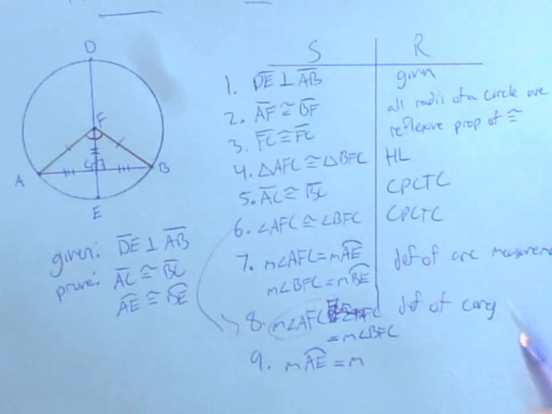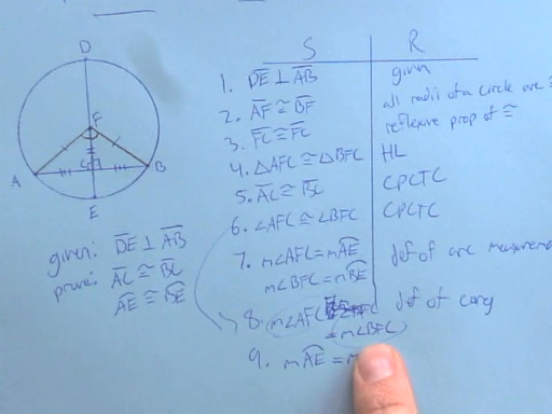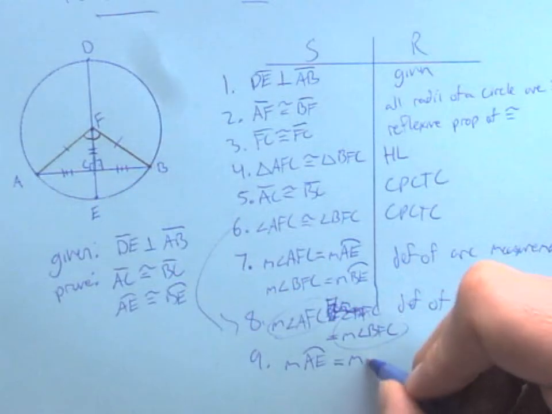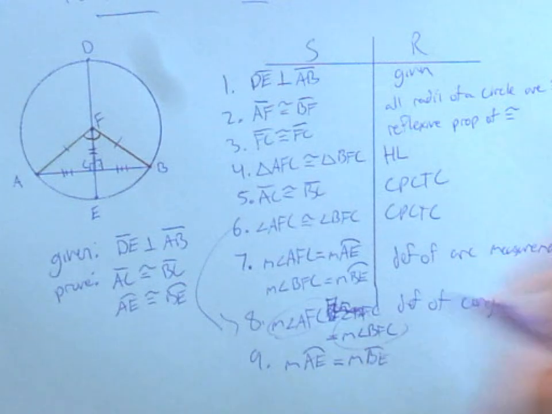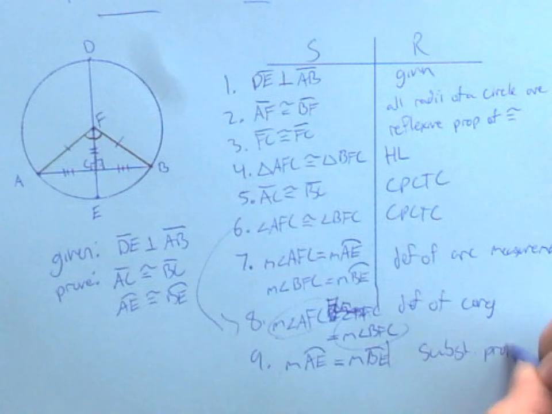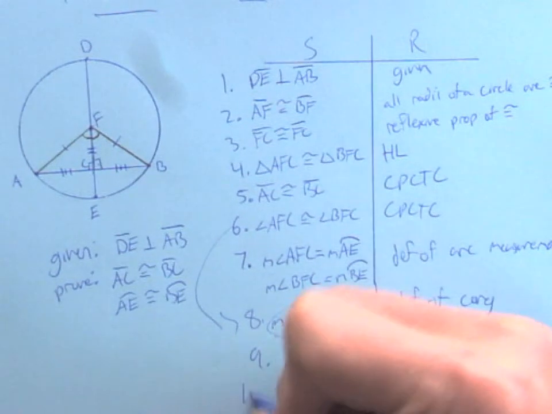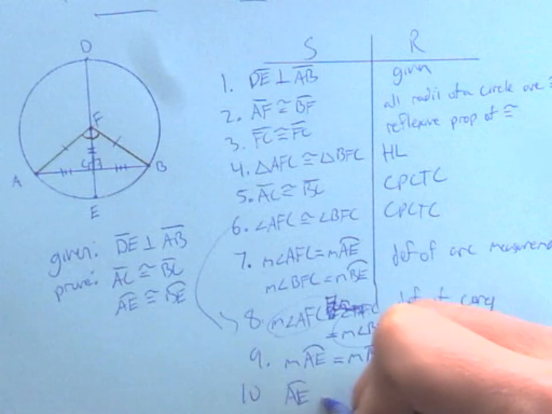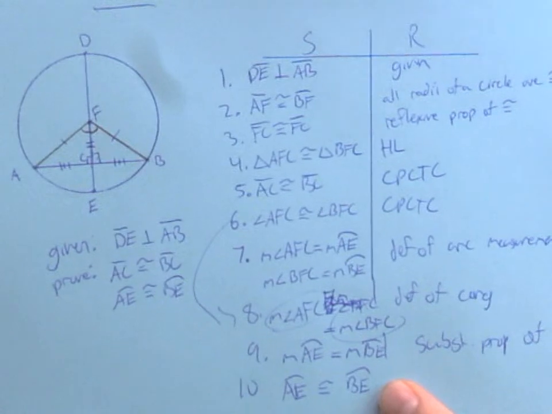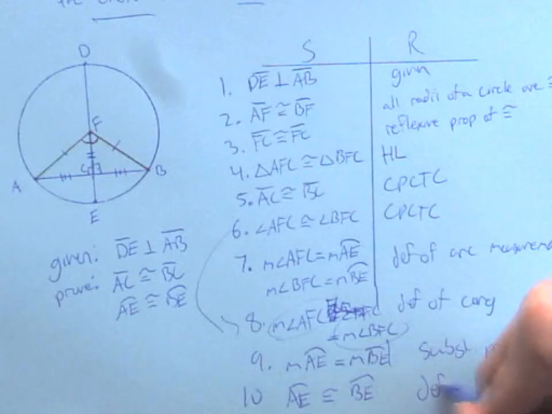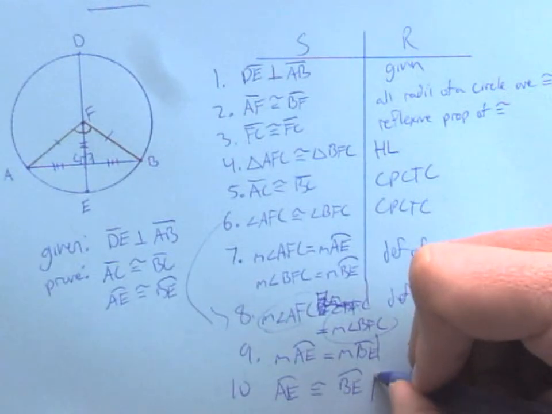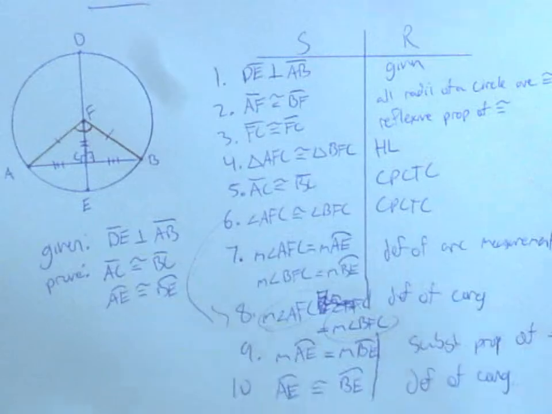Then I'm going to replace the measure of BFC with arc BE. That's a substitution. The last thing is just to say that AE is congruent to BE. I already know their measurements are equal, but I'm going one step further and saying they're congruent, by the definition of congruent. Sorry that got a little bit messy, but that's the rest of the proof.